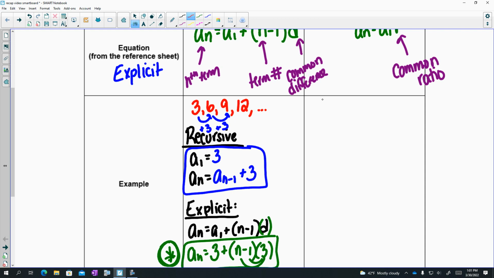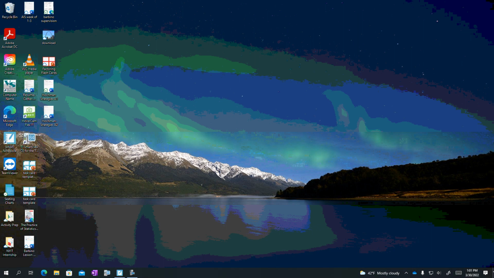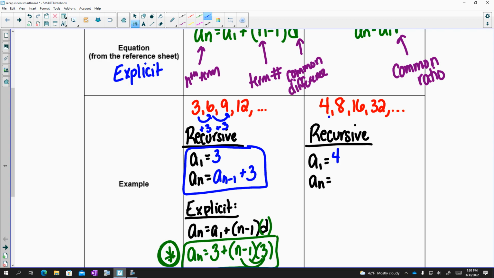So if I have a pattern 4, 8, 16, 32, and so on. Let's start with recursive. So remember, once again, recursive, I need two pieces. First piece is my first term, which is 4. Then I need to find the pattern. What's happening? Every single time I'm multiplying by 2.